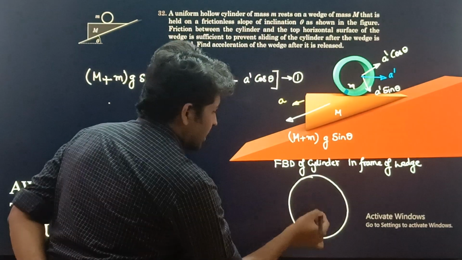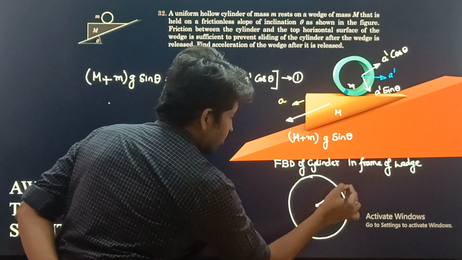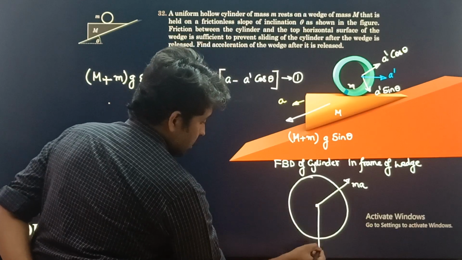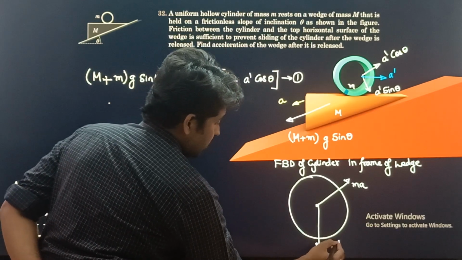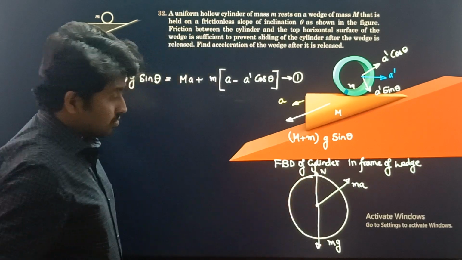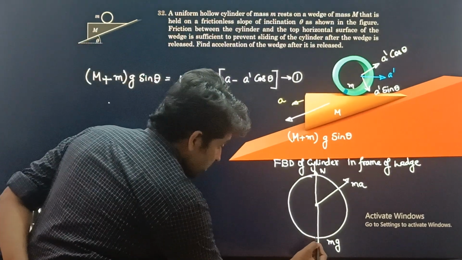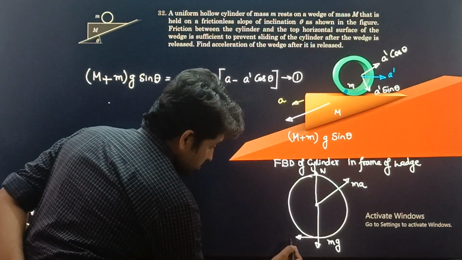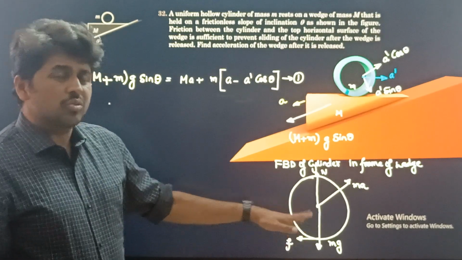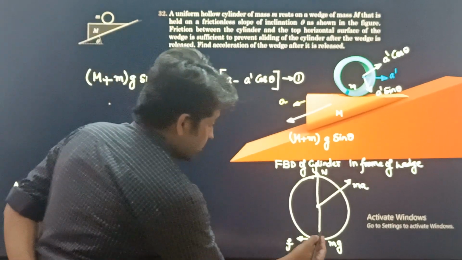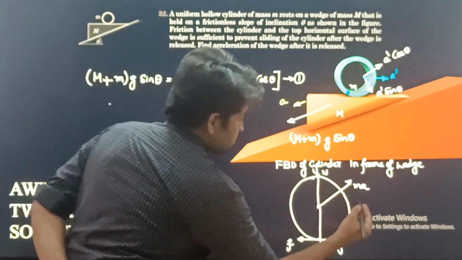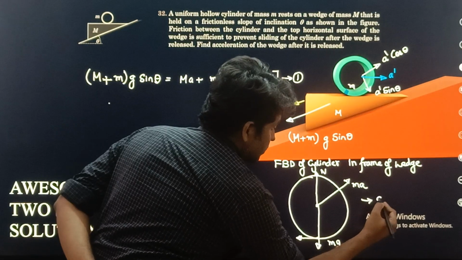The forces acting on the cylinder are the pseudo force, which is mass into acceleration, the gravitational force m into g, and normal reaction force N. There is a friction force also. Which direction is friction, we are not going to go into it. I'm just going to mark some direction. And the acceleration of this with respect to the wedge is in this direction, which is A dash.